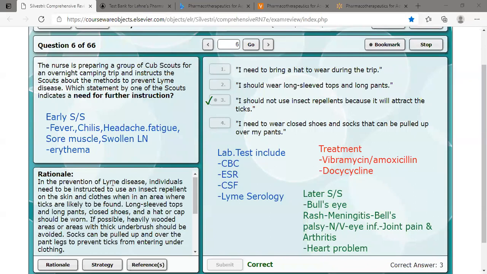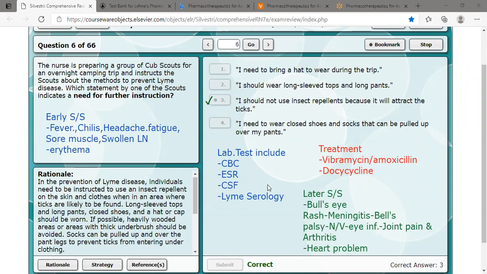We categorize them as early signs and symptoms. Early symptoms, basically, the patient develops fever, chill, headache, and fatigue and tiredness. Sore muscle, swollen lymph node. Also, the patient complains of headache, rash develops, and also flu-like symptoms and erythema, red marks.